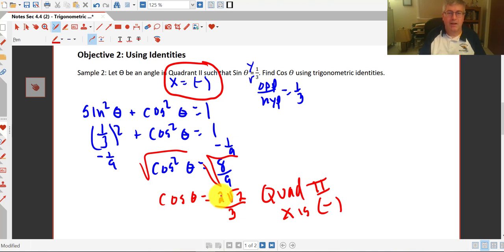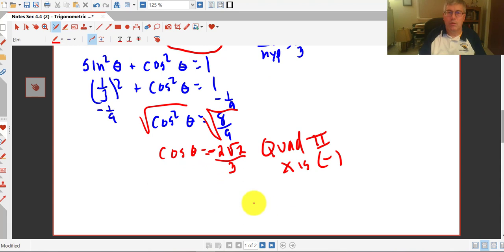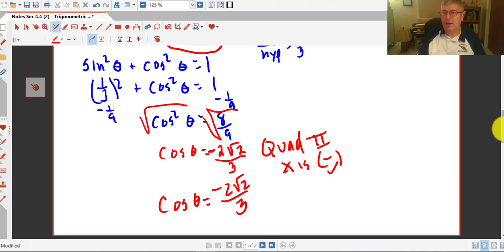So our final answer is actually negative 2 square root of 2 over 3. That is our cosine of theta. So be careful, watch out for that. Make sure you know what the sine is. Remember, trigonometry is a lot like real estate. Location, location, location. Where are we at?